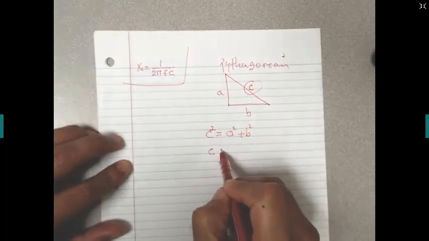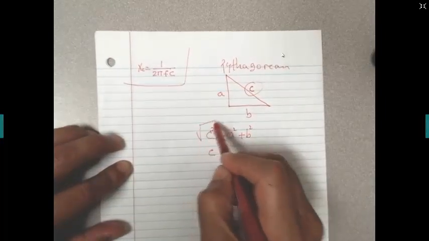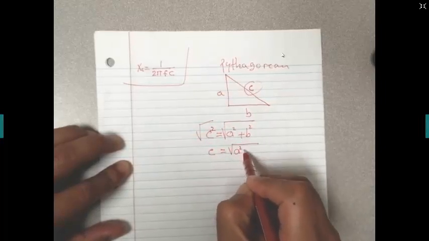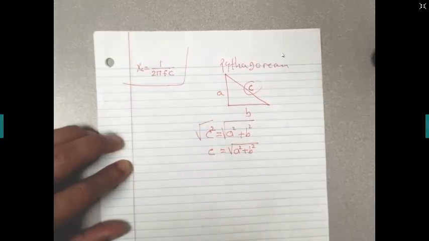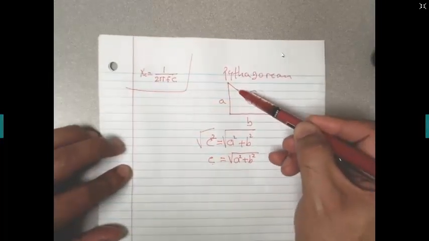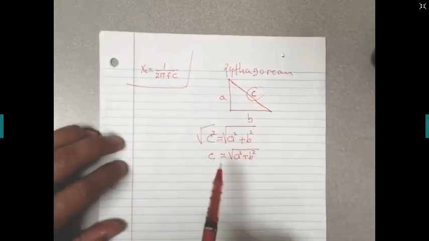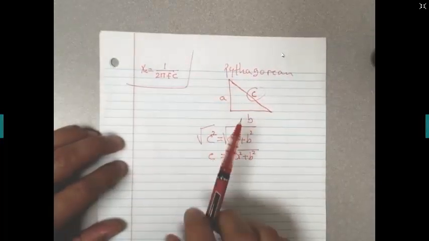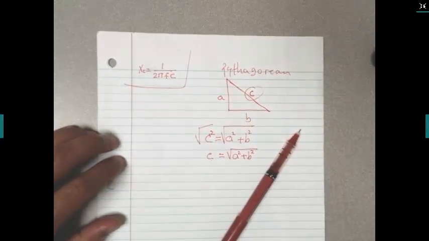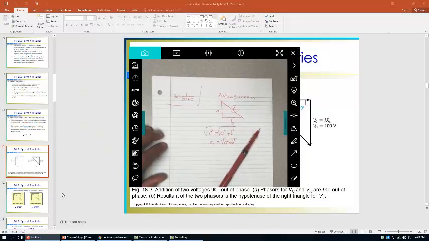So therefore C equals, if you take the square root on both sides, the square root of A squared plus B squared. And that will give you the distance from this point to this point, okay? So we're going to apply the same concept when we work with phasors and capacitive voltage and resistors, okay?